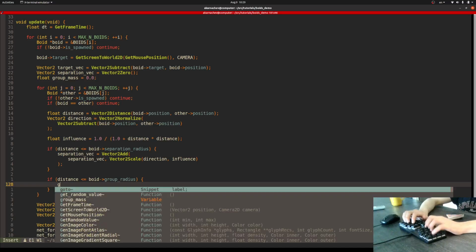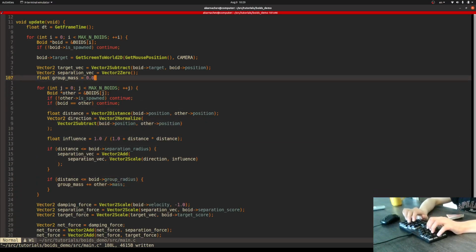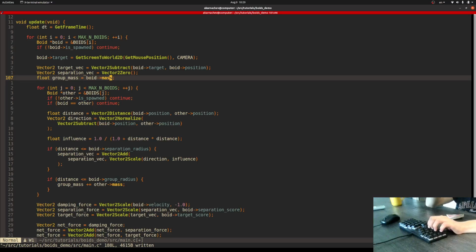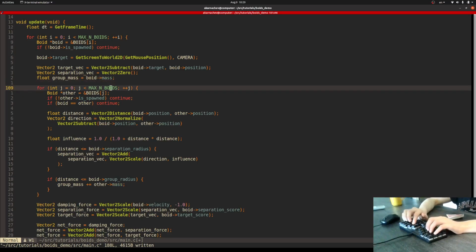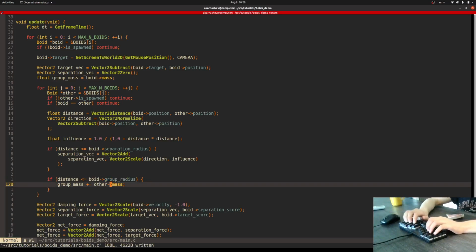Let me group mass plus equal other mass, but also actually group mass is starting not with 0 but with current Boid mass, because current Boid is also influencing the general group mass, because it belongs to this group.